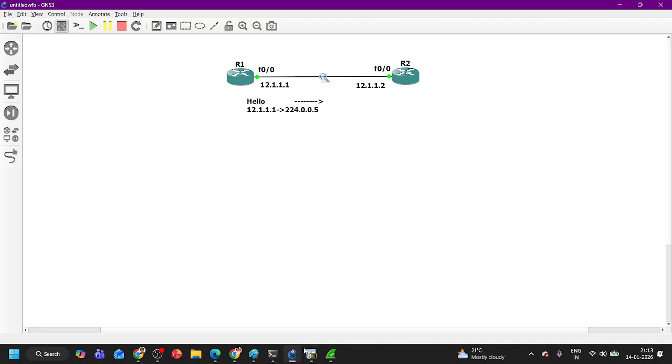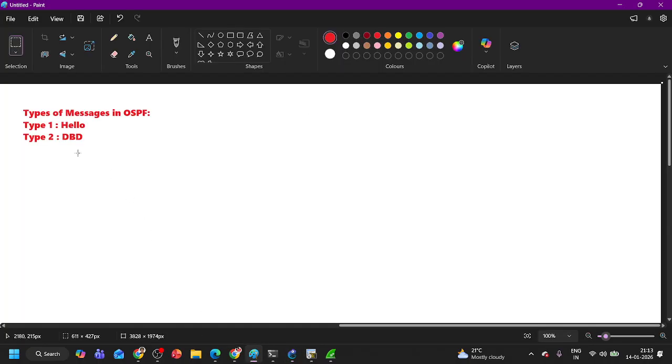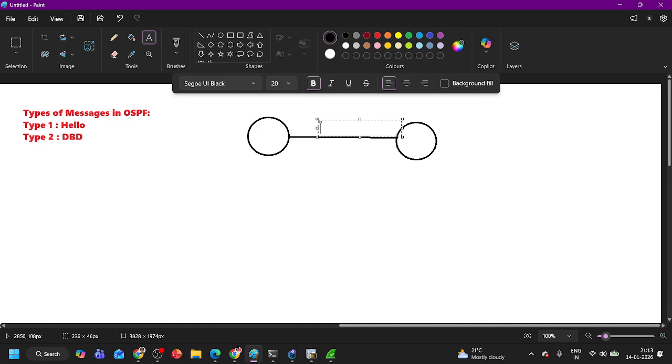They will exchange the empty database or header of database, that is DBD. It is like this. I have two routers, R1 and R2, both connected together. My routing protocol is OSPF.